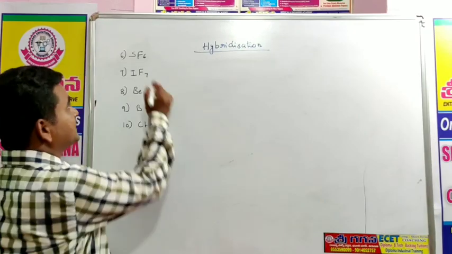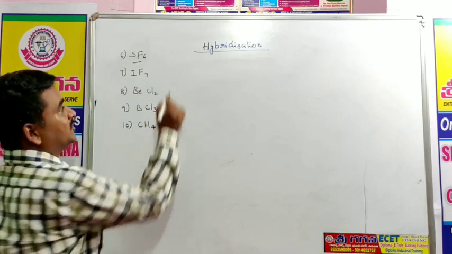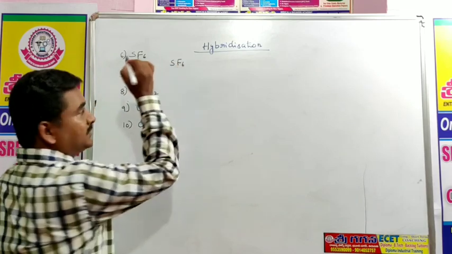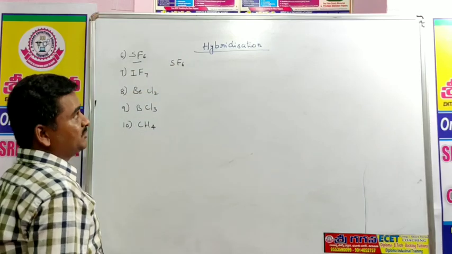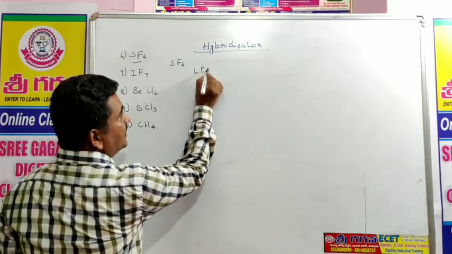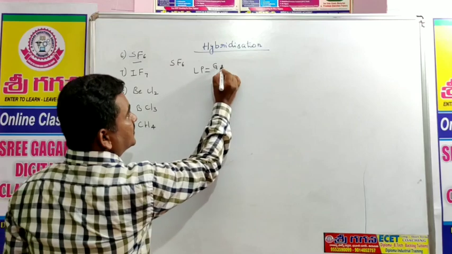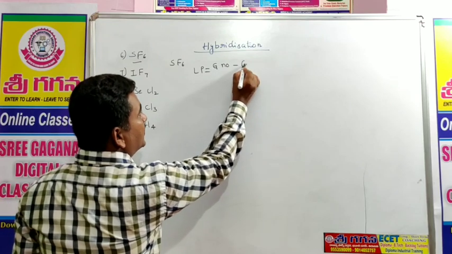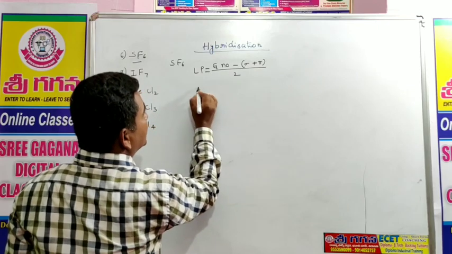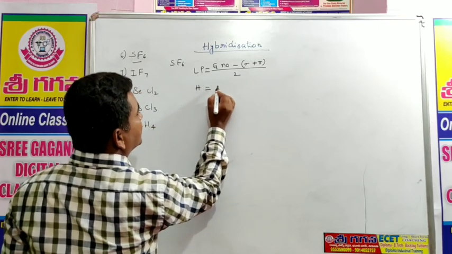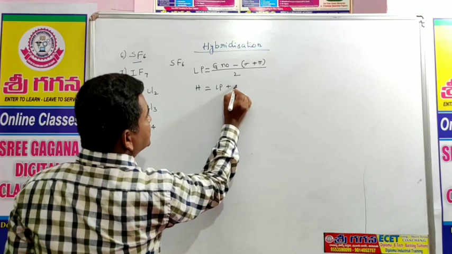Let us find hybridization in the SF6 molecule. Each fluorine can form 1 sigma bond, so totally 6 sigma bonds will be there. First we will find lone pairs of electrons: group number of the central atom minus sigma bonds, minus number of pi bonds by 2. And to find hybridization, lone pairs of electrons plus sigma bonds.